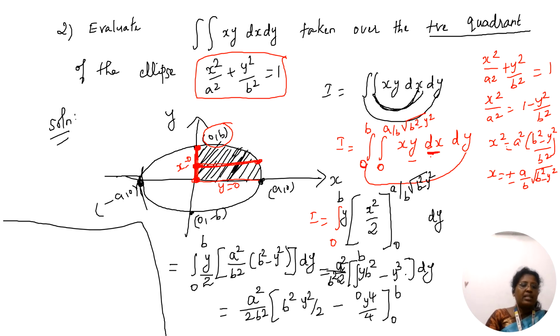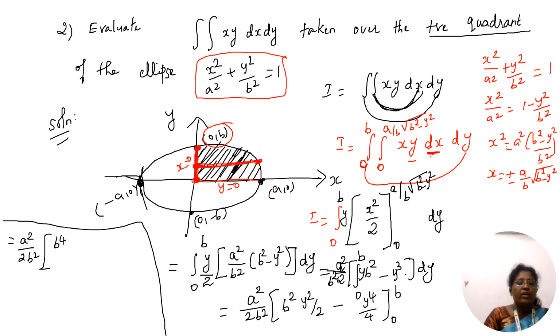So we get a square by 2b square. Upper limit is b, so replace y by b. It becomes b square, and already there is b square, so b square into b square is b power 4.